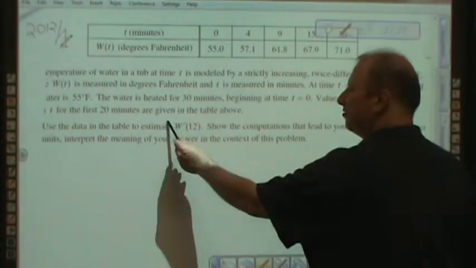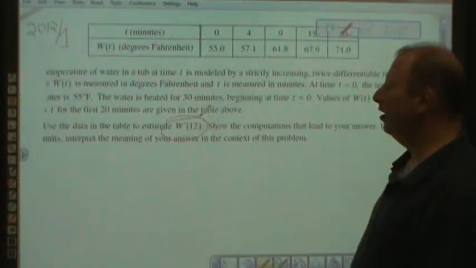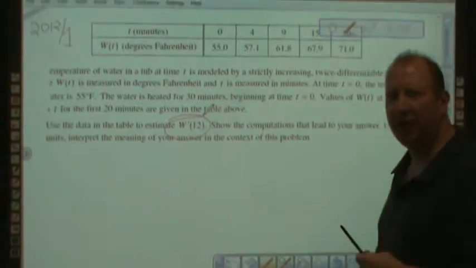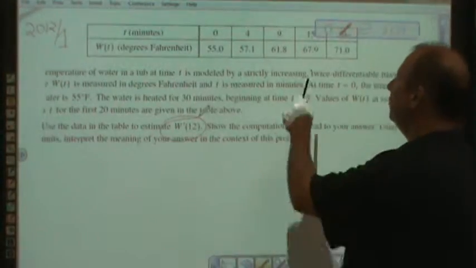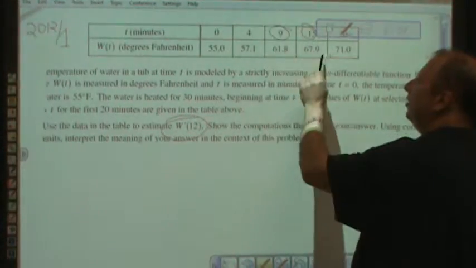First question asks what is the derivative at point 12. Don't forget the derivative happens to be the slope. So we look at 15 and 9.